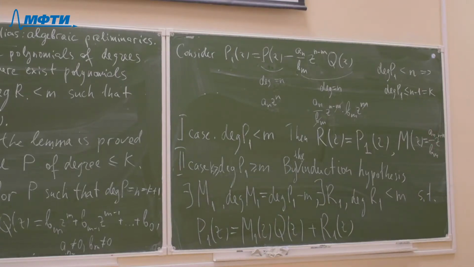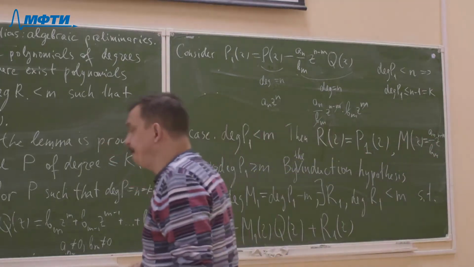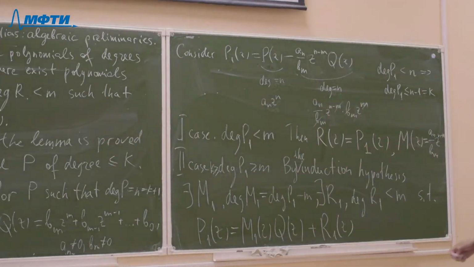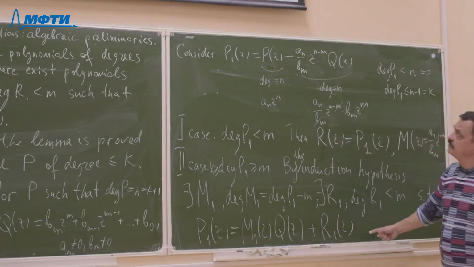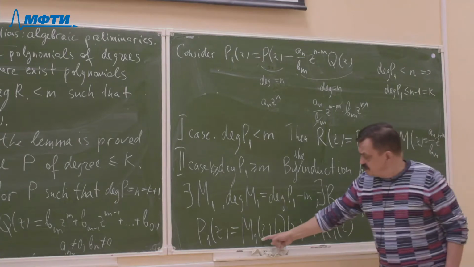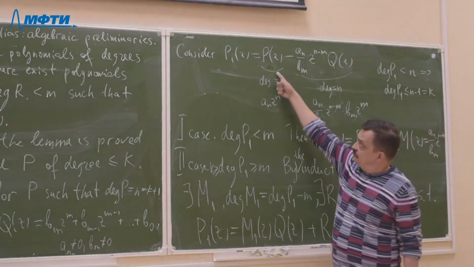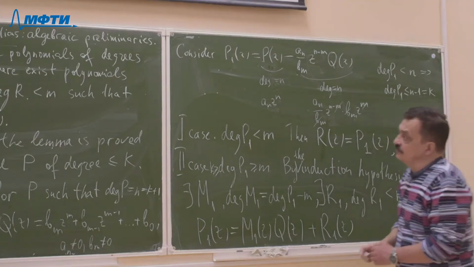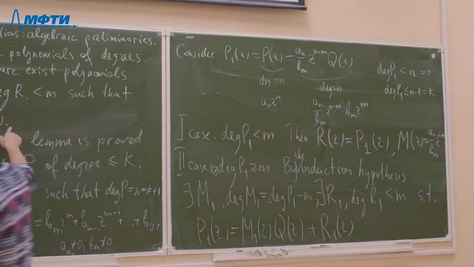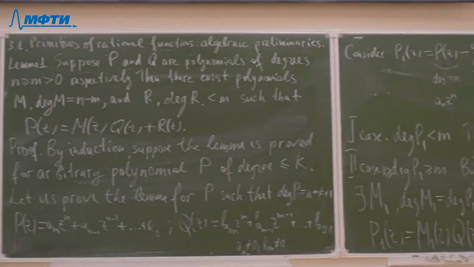Okay, I hope it's okay. So then look, if we substitute this expression for P1 into our formula, then what do we have? We have what we want to prove.